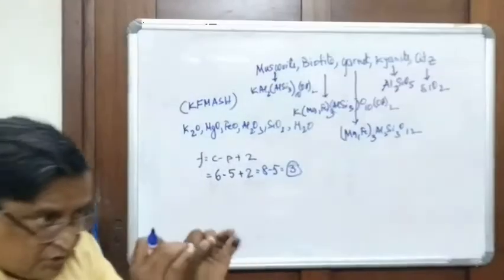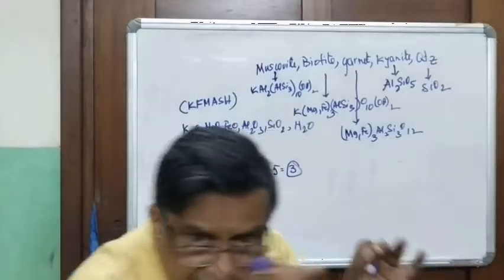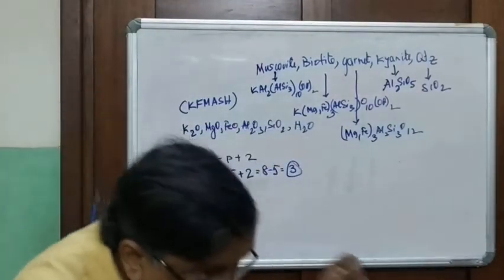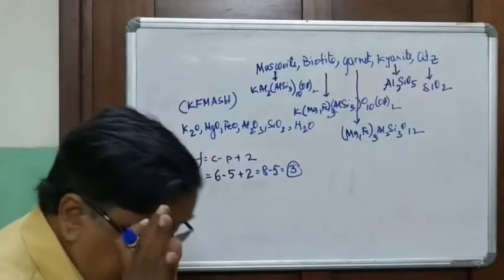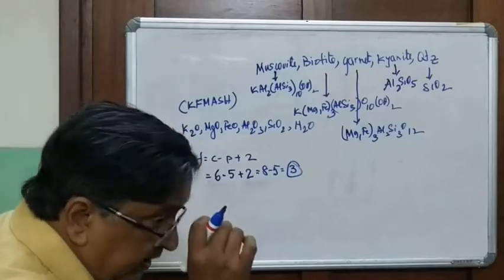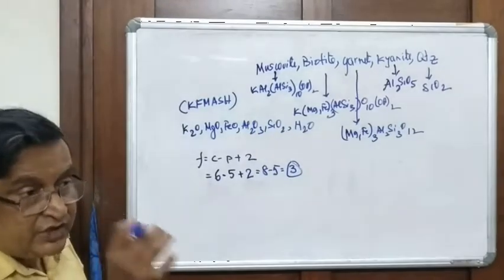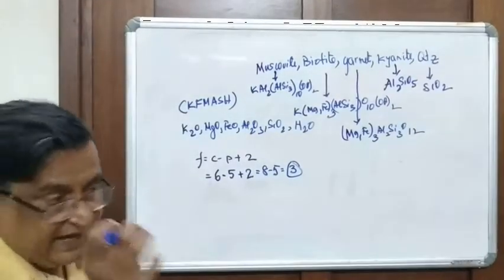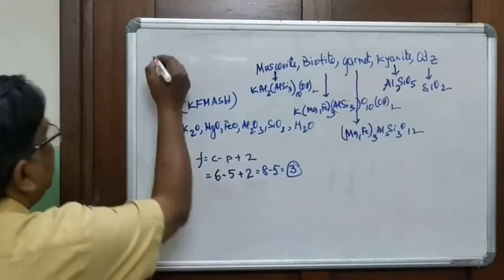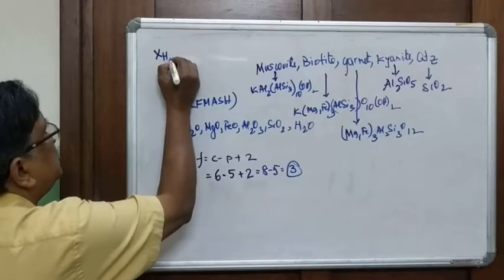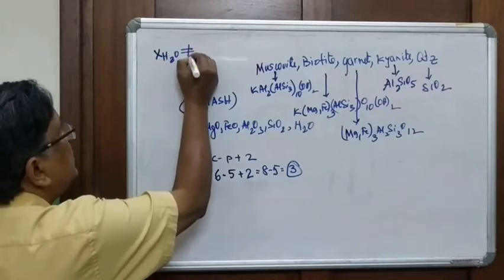Since I have not taken fluid as a phase, and this is very crucial, when you practice, it should be very crucial. Since I did not take H2O as a phase, there are 2 things. XH2O is not equal to 1.